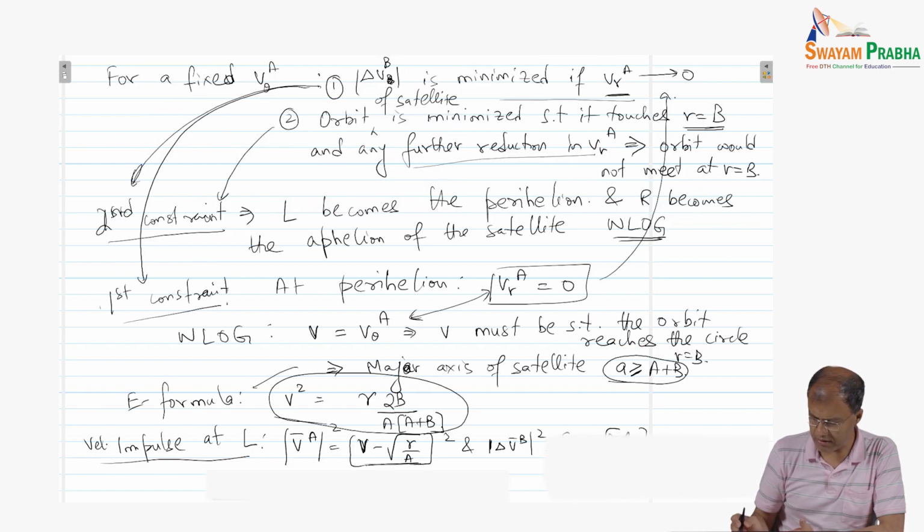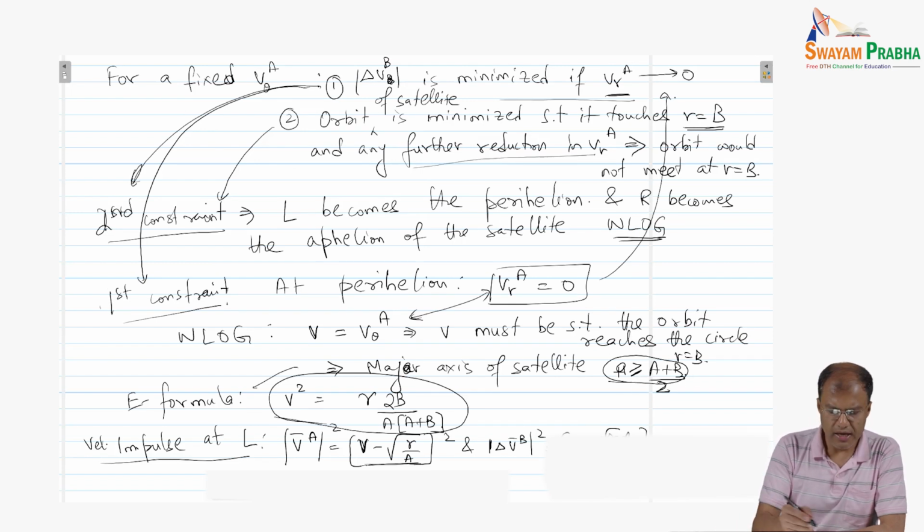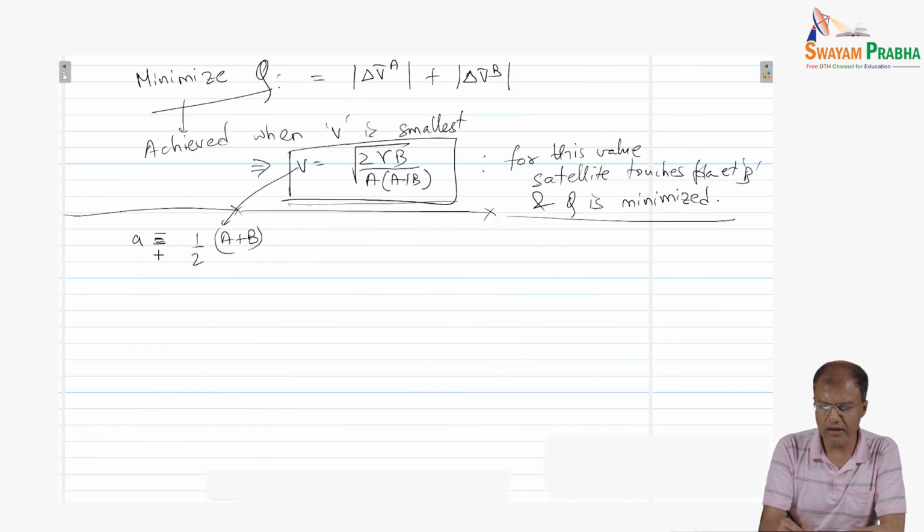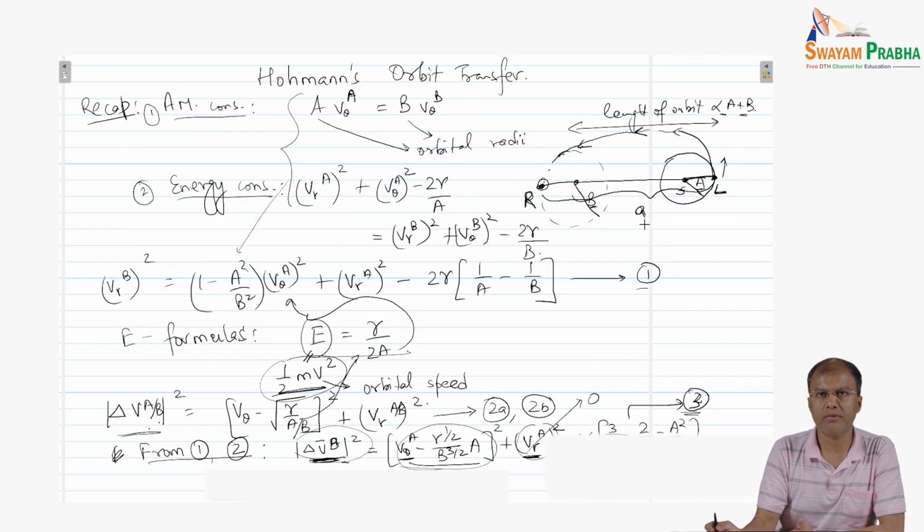So somewhere we put in, well, this had to be 1 by 2 here. Here we had put in an inequality, and here I am saying that the equality is achieved when the speed is minimized, right? And in this case, our eccentricity of, remember, the satellite is moving in an ellipse.